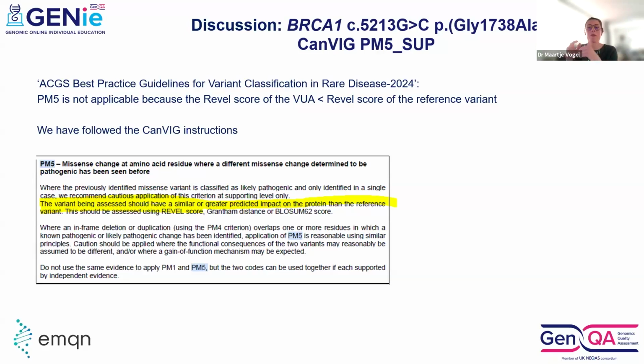That's not the case for our variant, but because this guidance is really new, we decided to stick to the gene-specific and cancer-specific guidance. And I think this is one of the examples of how difficult it is to get all the guidelines aligned, but it's something we should be aware of. Next slide, please.